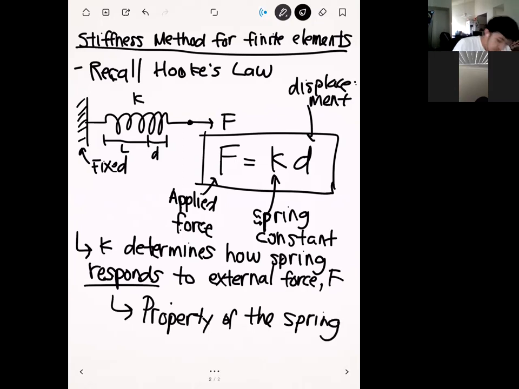And that might be an interpretation of Hooke's law that you might not have seen before, but it's going to help us with how we motivate these finite element problems. Are there any questions on just Hooke's law right here before we move forward?